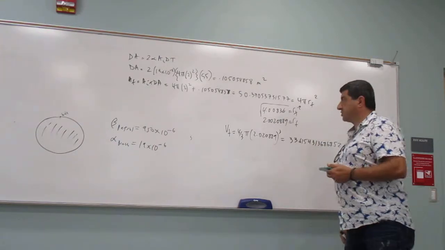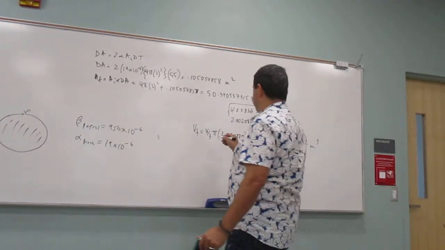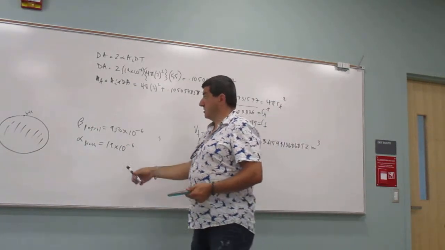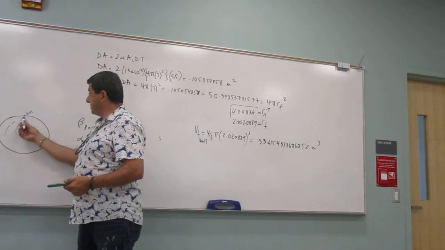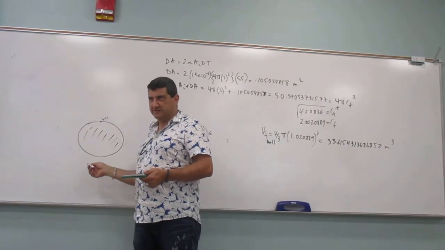Meters cubed. So that's the final volume of the bowl, right? Now I'm going to go to the liquid. What was the initial volume of the liquid? Well, the initial volume of the liquid was the same as the volume of the original bowl, right?